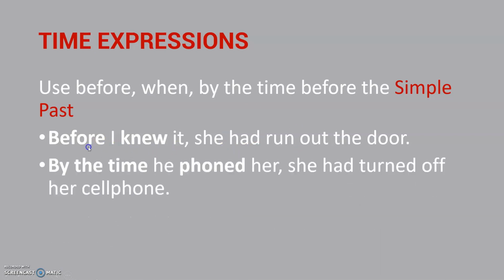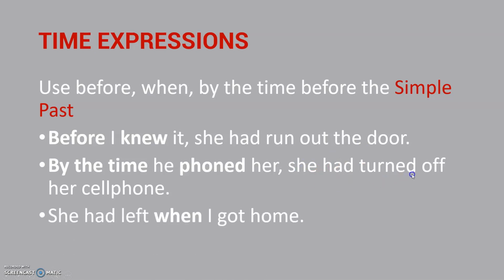Another example: by the time he found her, she had turned off her cell phone. So we have by the time, then our simple past, only the verb in past, and then our past perfect. This indicates that this action happened after this action.